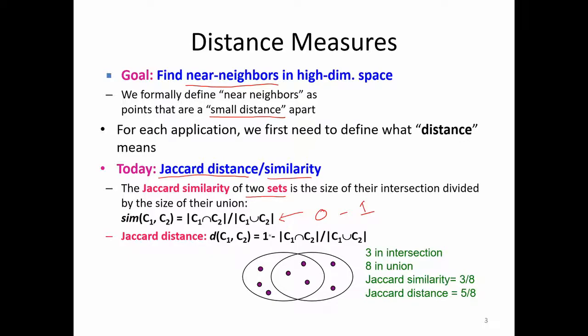Since this is between 0 and 1, you can also define the Jaccard distance, which is 1 minus Jaccard similarity. Remember that in this notion of Jaccard similarity, the more similar the two sets C1 and C2 are, the closer they are.